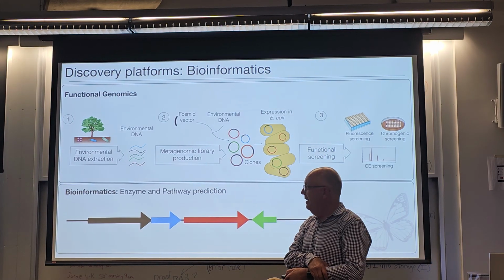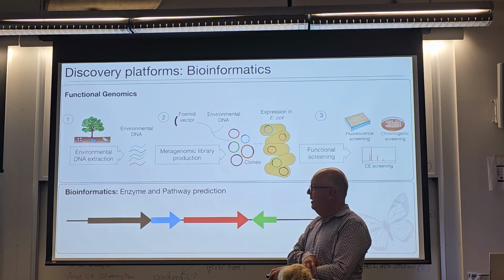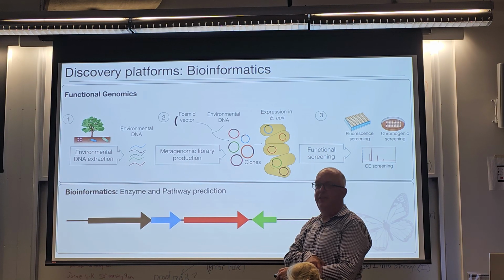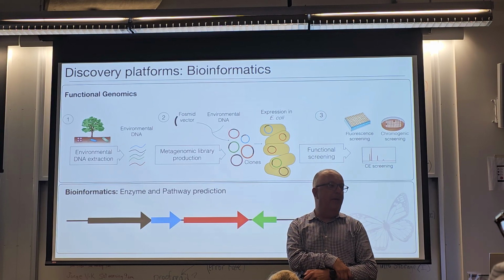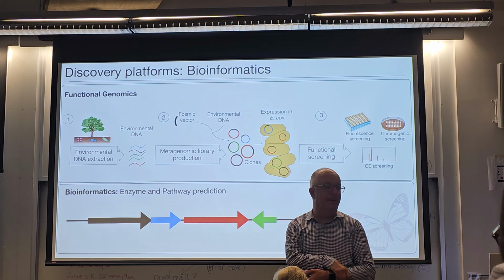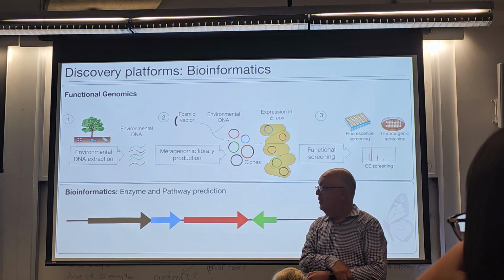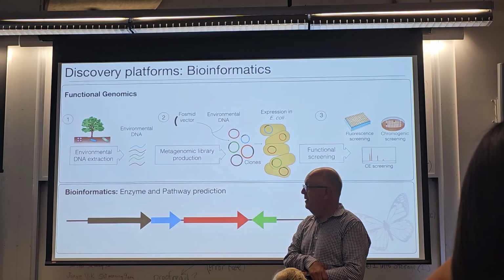The idea here is that you have a DNA sequence, and you can say, okay, we see 4 genes here, but how do we use bioinformatics and computational methods to predict the function just based on the sequence? That's a real challenge. This is sometimes useful.